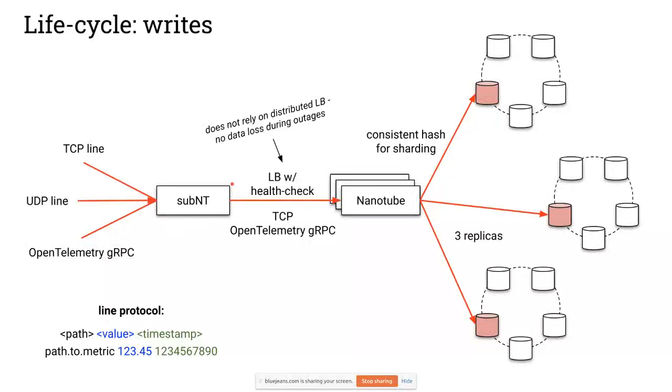And then this data gets to the submission relay, which in this case is sub Nanotube, sub NT for short. It runs on a node locally. Then it forwards these records to Nanotube, which is the main router of the data.